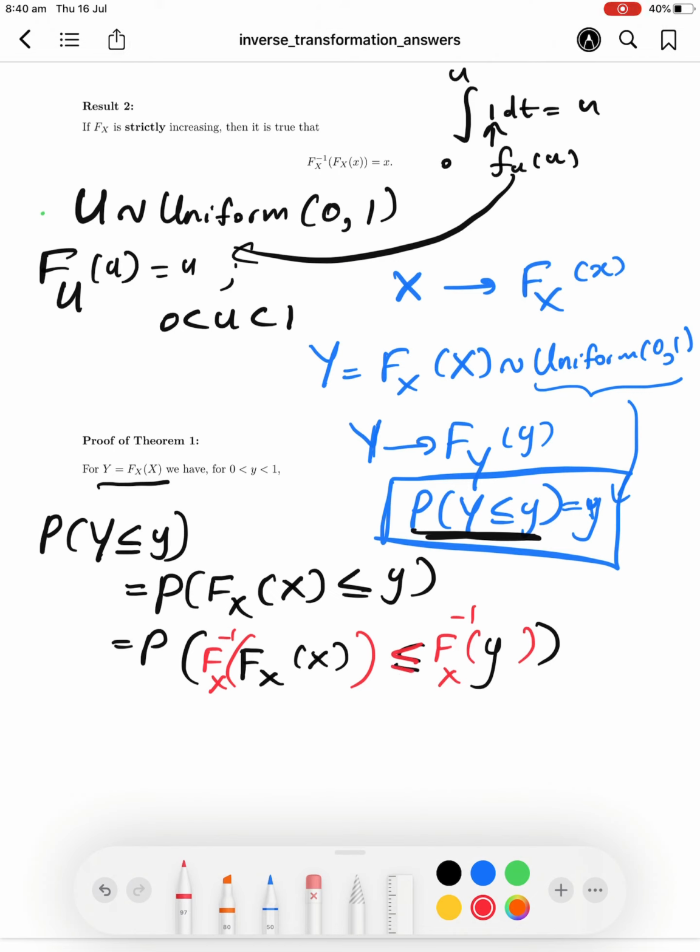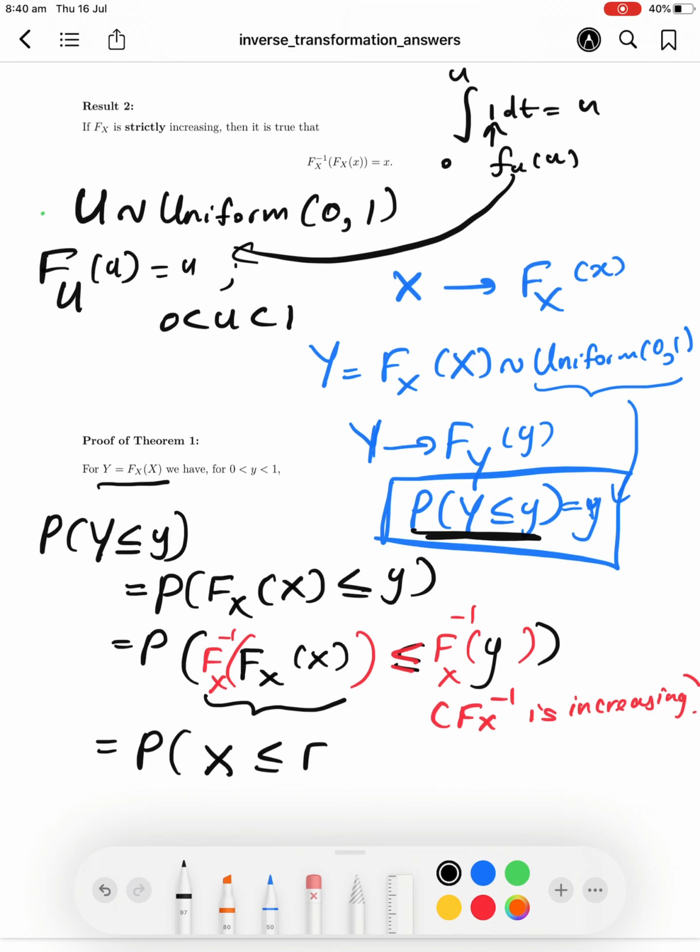Still, this less than or equal is valid because Fx inverse is increasing. Now, according to our results, we can write this one as x less than or equal Fx inverse y. Now you can see this is the definition of the CDF of x.